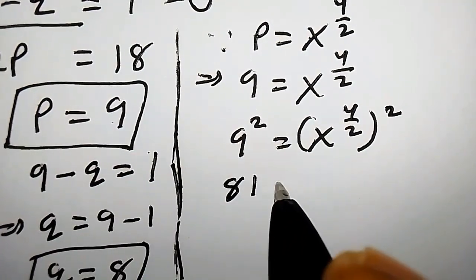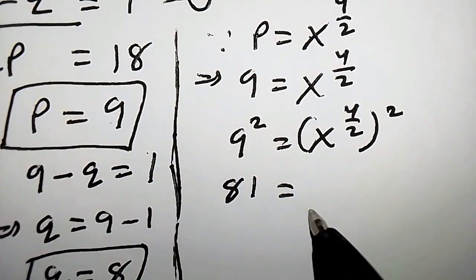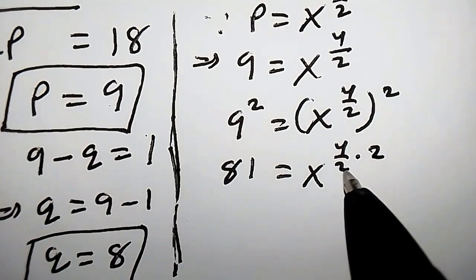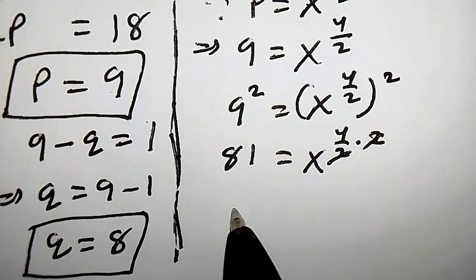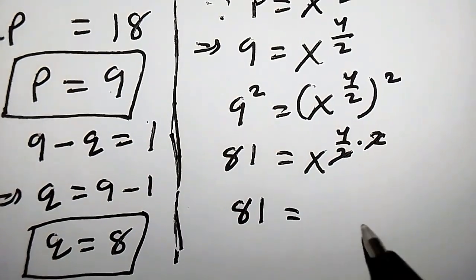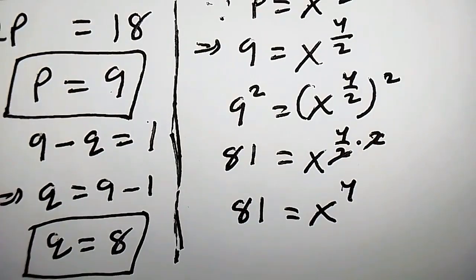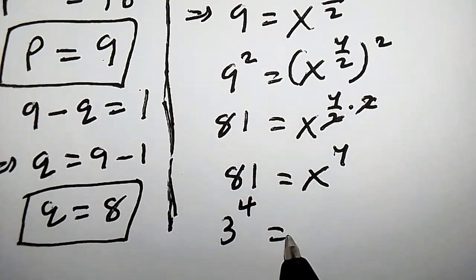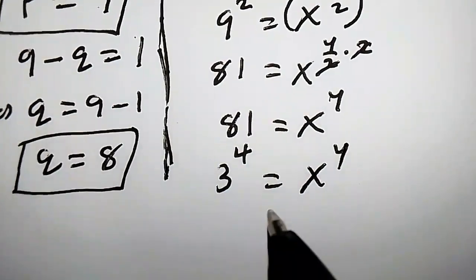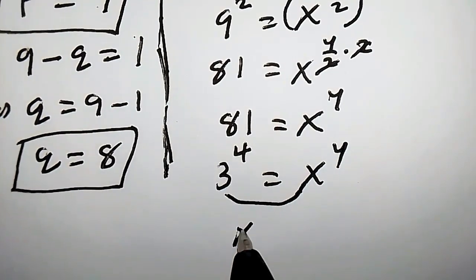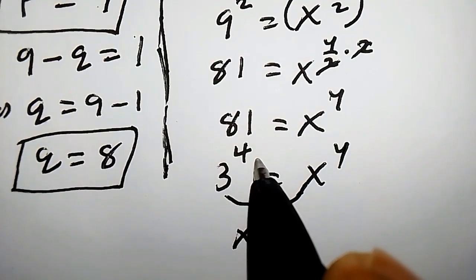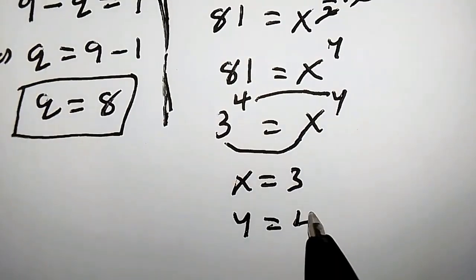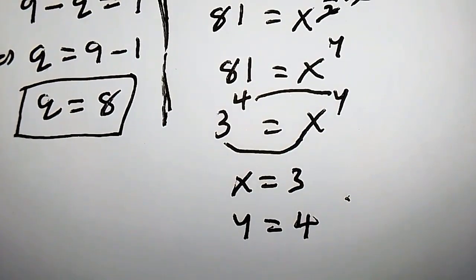That is 81 equal to x raised to y over 2 times 2. Clearly, 2 cancels 2. We are left with 81 equal to x raised to y. 81 also could be written as 3 raised to 4 equal to x raised to y. If we compare the base, x is clearly equal to 3, and if we compare the power, y is equal to 4. Just take note of this.